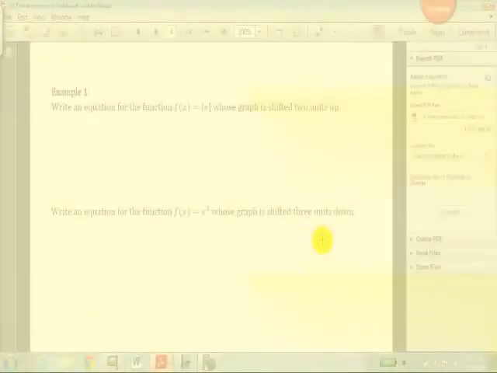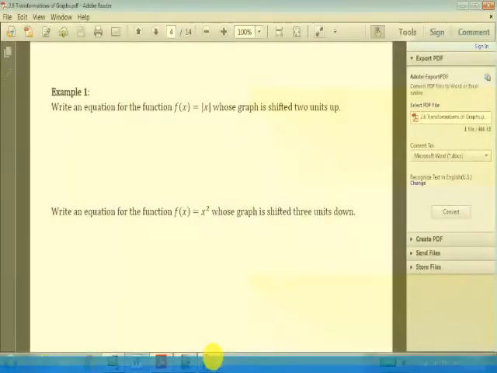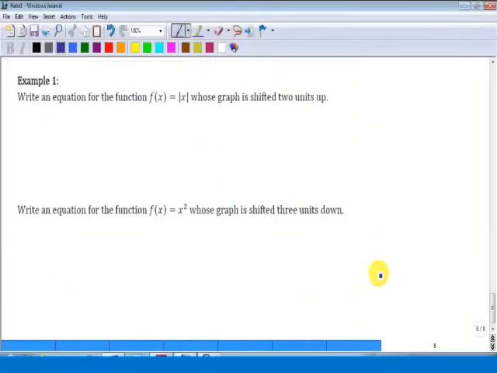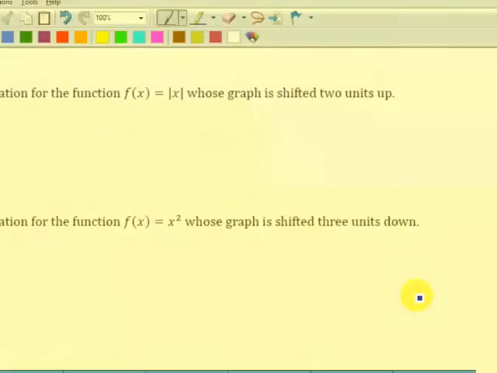So, quick examples here. Write an equation for the function whose graph is obtained by taking the graph of y equals the square root of x and shifting it 2 units up. Oh goodness, Alt.